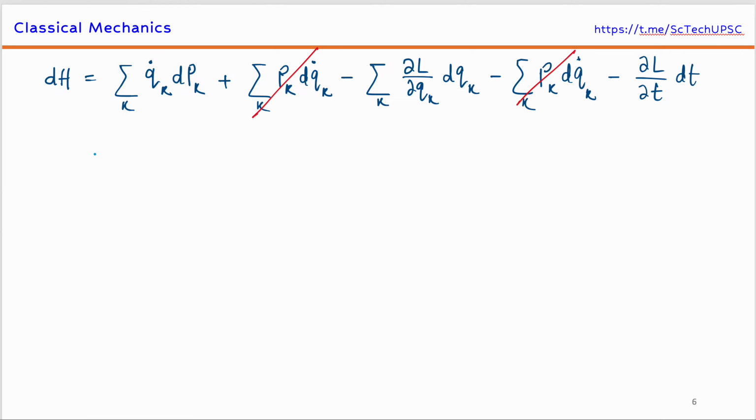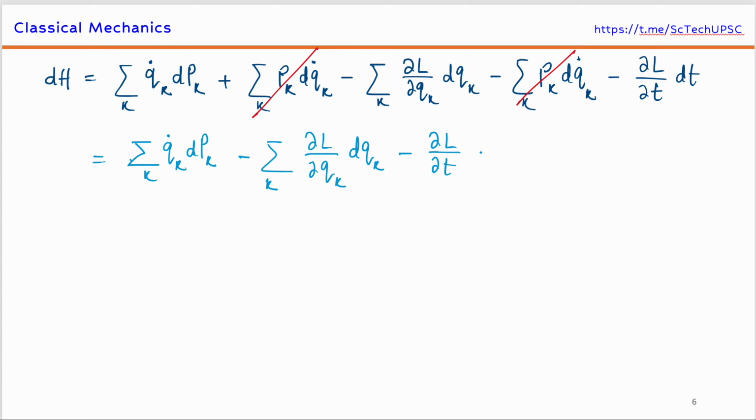Okay, so summation qk dot dpk, this is the first term, and this negative del L by del qk dqk minus del L by del t into dt.